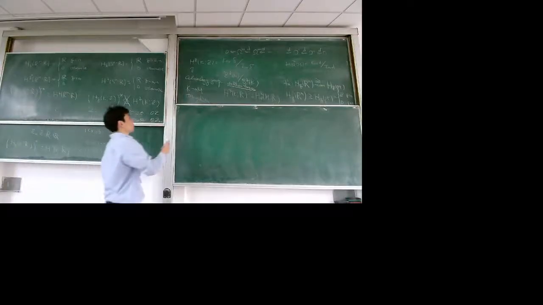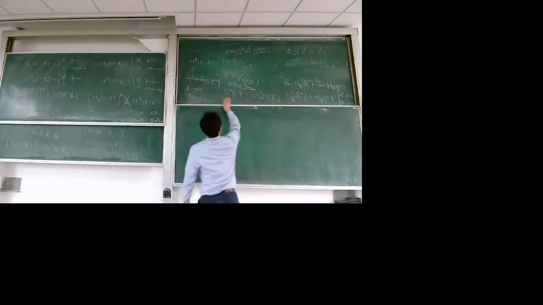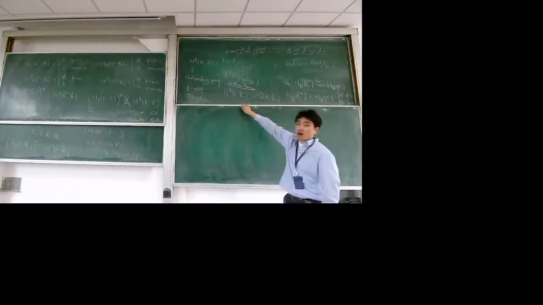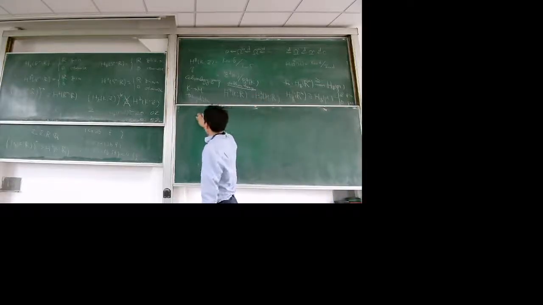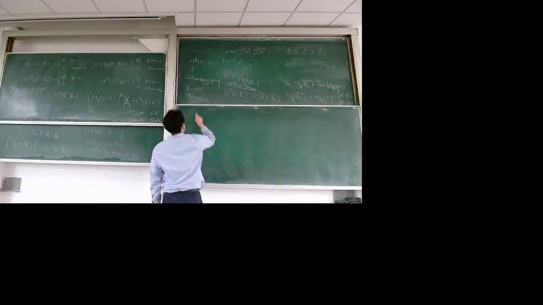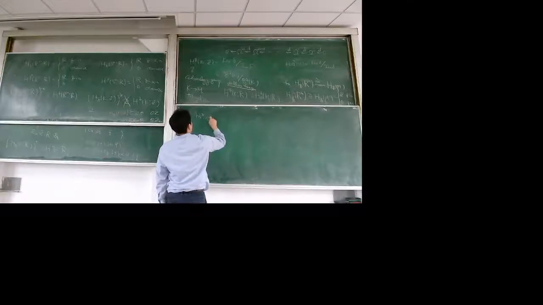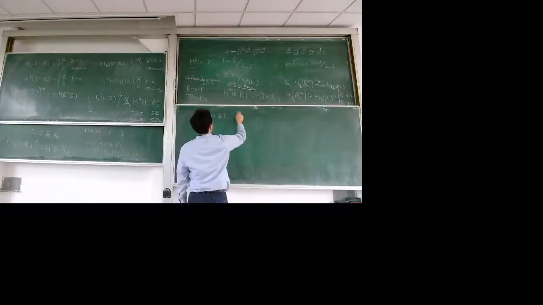So in de Rham cohomology, we already know the de Rham theorem, which tells us that the cohomology is isomorphic to the de Rham cohomology. And in de Rham cohomology you can have a ring structure, the de Rham cohomology ring with the wedge product.